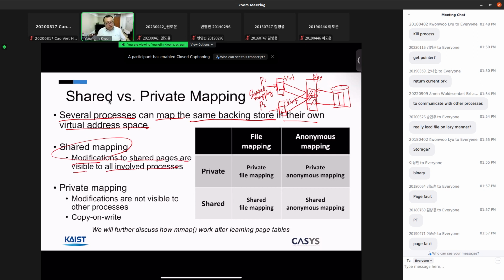That is the concept of shared mapping page semantics. With private mapping, the modification is not visible to other processes. A typical example of using private mapping is copy on write. To understand the copy on write operation, we need to understand this diagram, and we will discuss later, after learning the page table, how mmap and copy on write work.